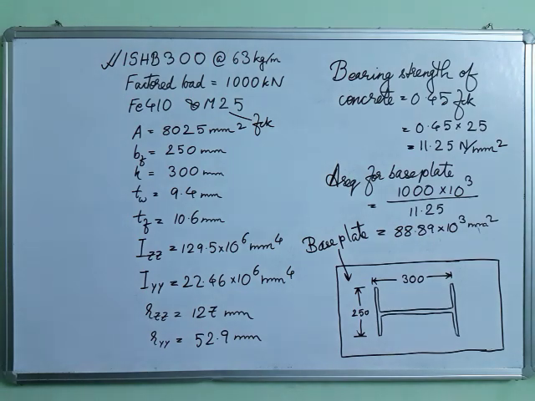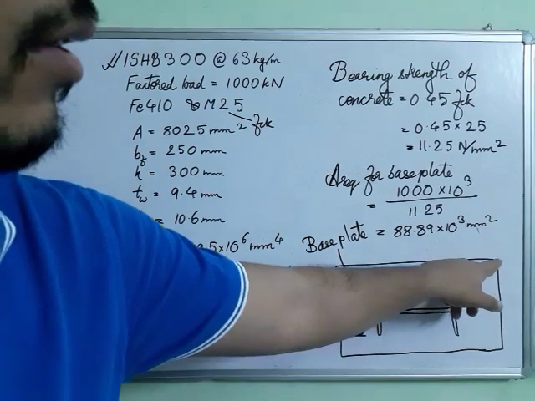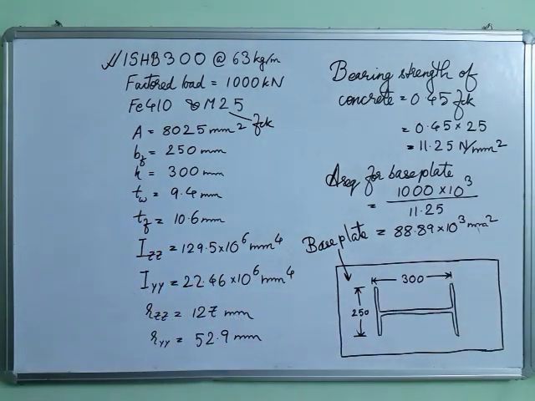Now the dimension that we will be taking is for this and this and this. So we will take the dimension in such a way, there is no other specific rule, it is based on our own calculations. We have to just take dimensions ourselves.